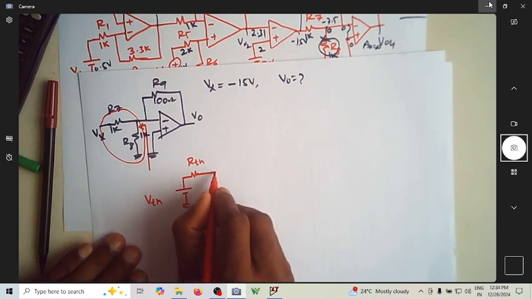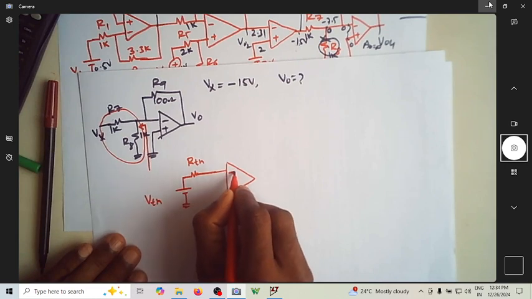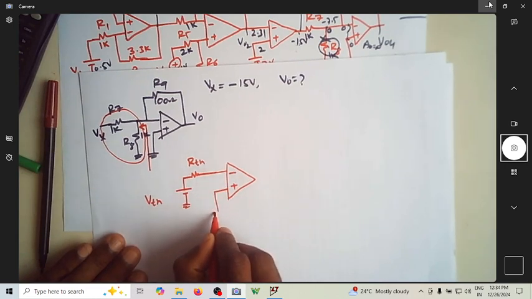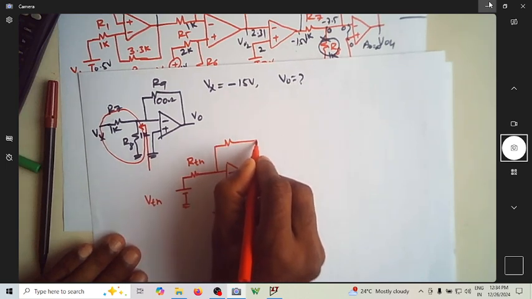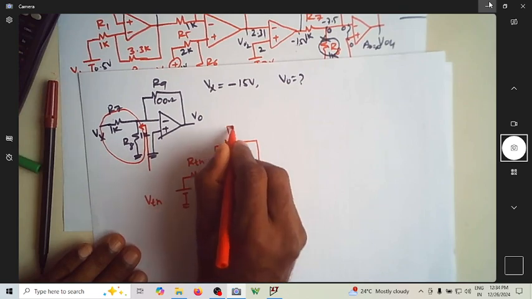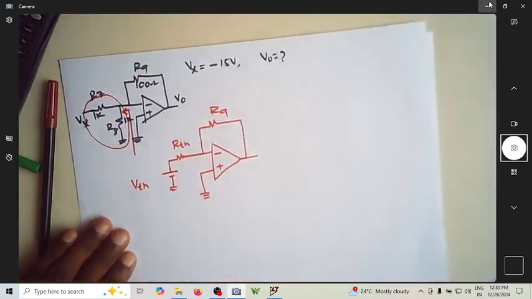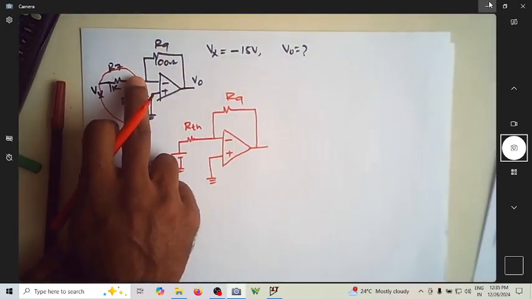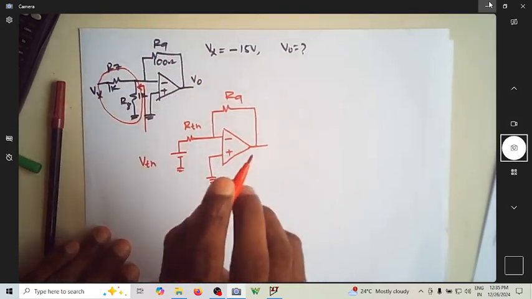So I'll write the remaining part of the circuit as it is. This is now minus plus this. I will write the R9 whatever that I had earlier as it is. So this is R9. Now this part of the circuit is replaced by this.